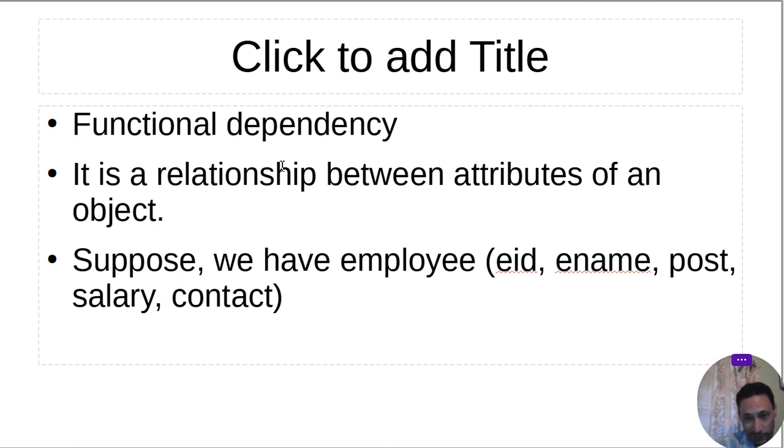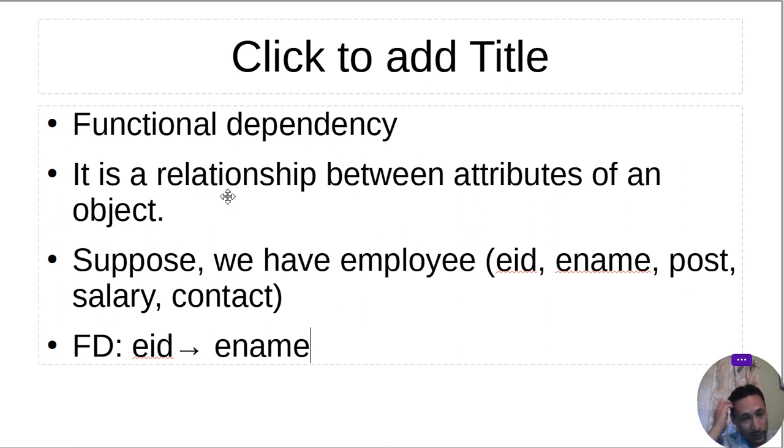So we can say employee name is functionally dependent upon employee ID, or employee's post is functionally dependent upon employee ID. We can write: employee ID determines employee name. This can be read as employee ID determines employee name, or employee name is dependent upon employee ID.